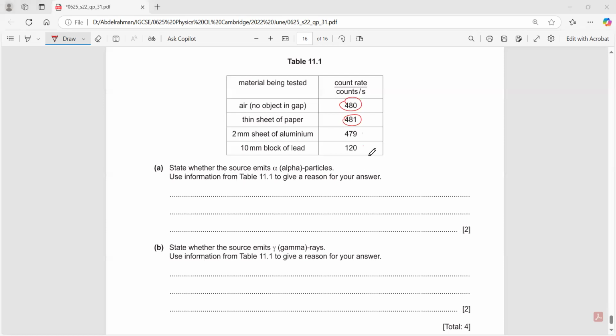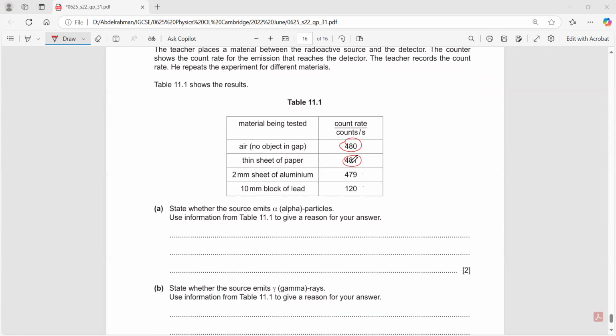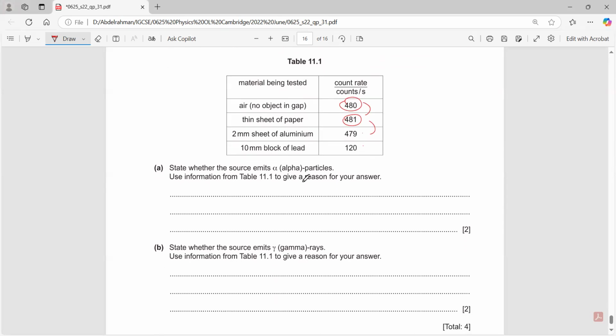State whether the source emits alpha radiation or alpha particles. Does it have any alpha particles? No. No alpha and no beta. He's not asking about beta, but yes, no alpha particles. Why no alpha particles? Because if there were any alpha particles, the count rate should have decreased.